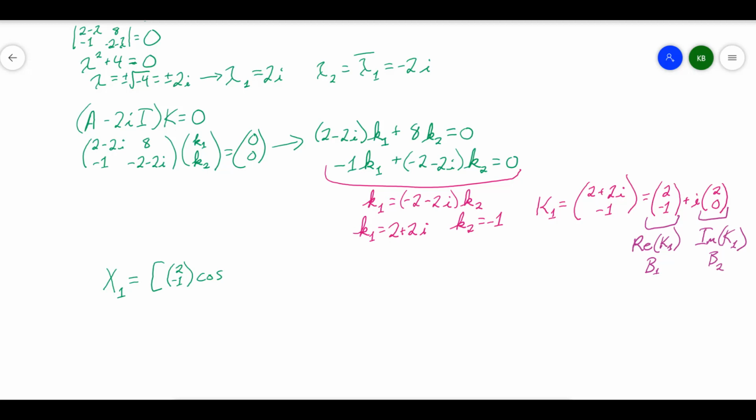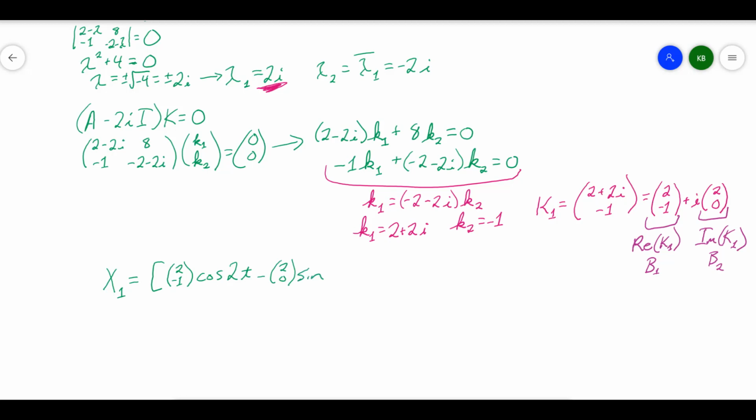Beta is the part that goes with the i. Remember, we had alpha plus i beta. So beta in this case is 2. That's the part that's with the i in my eigenvalue, right up there. So we've got 2 times t in our cosine, minus b2. b2 is the imaginary one, so that's the 2, 0 vector.